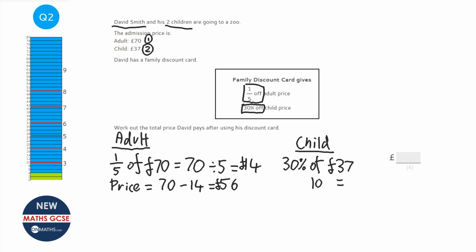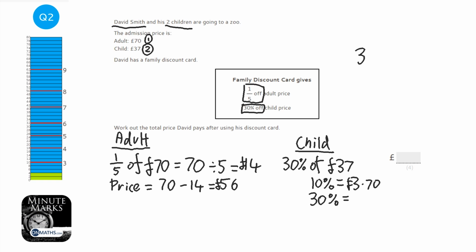Well, I know that 10% is going to be £3.70, and then I need to times that by 3. Let's have a think. I could do 370. I could do it in pence, and then just times that by 3. So 370, and then I can just do times 3.